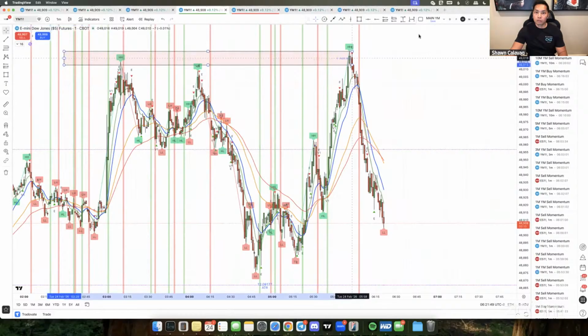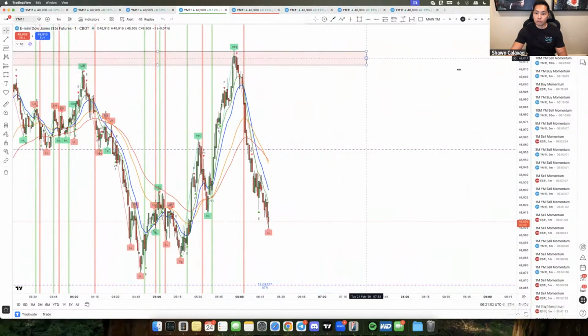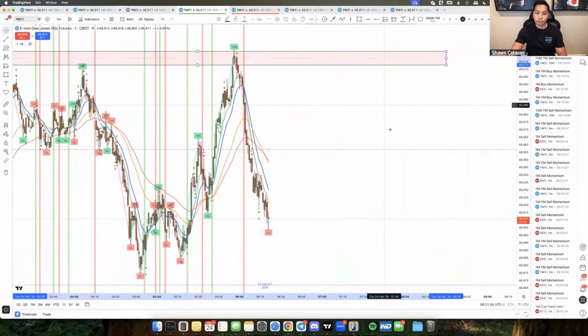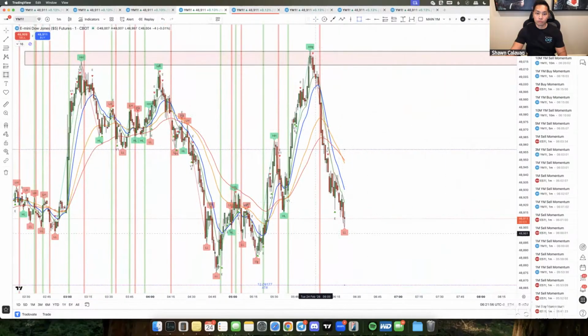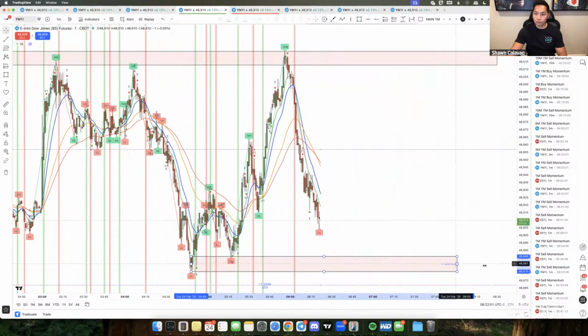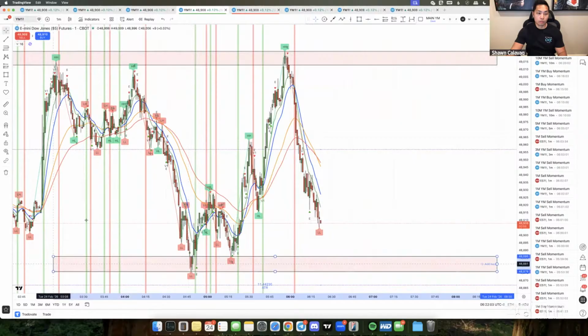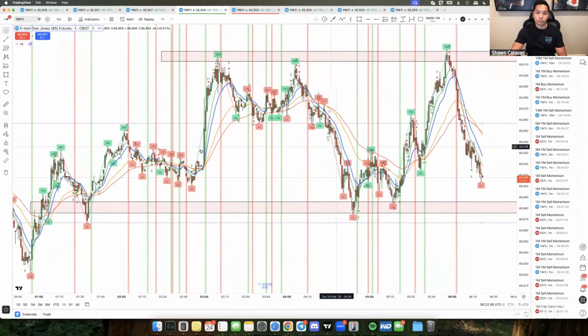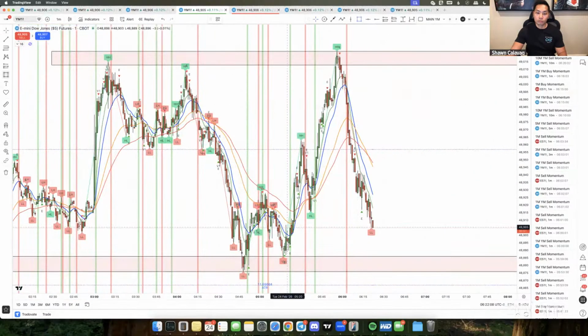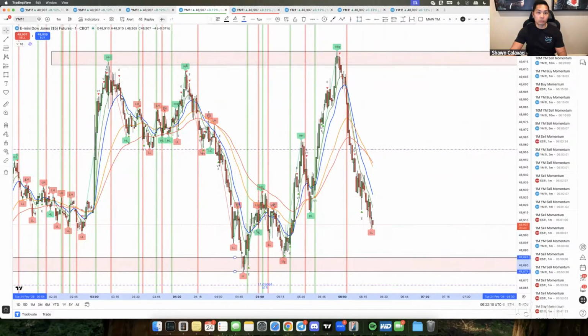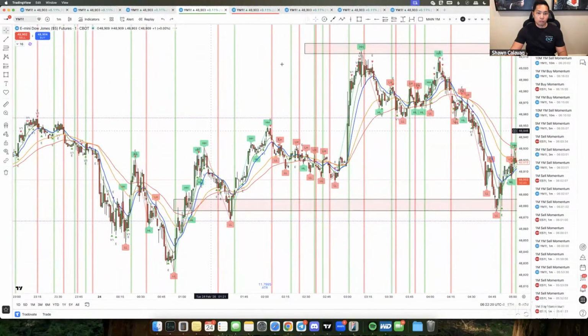All right, got some structure over here. Got some structure over here. This little one. Got some structure down there.